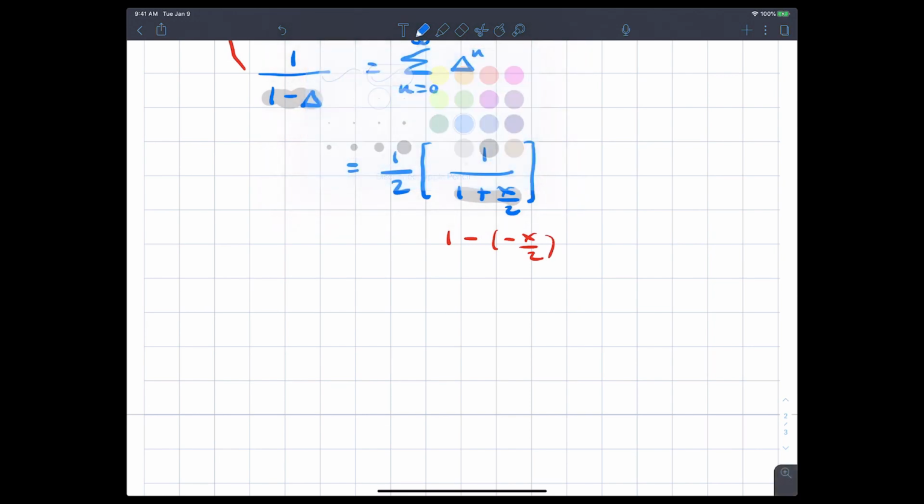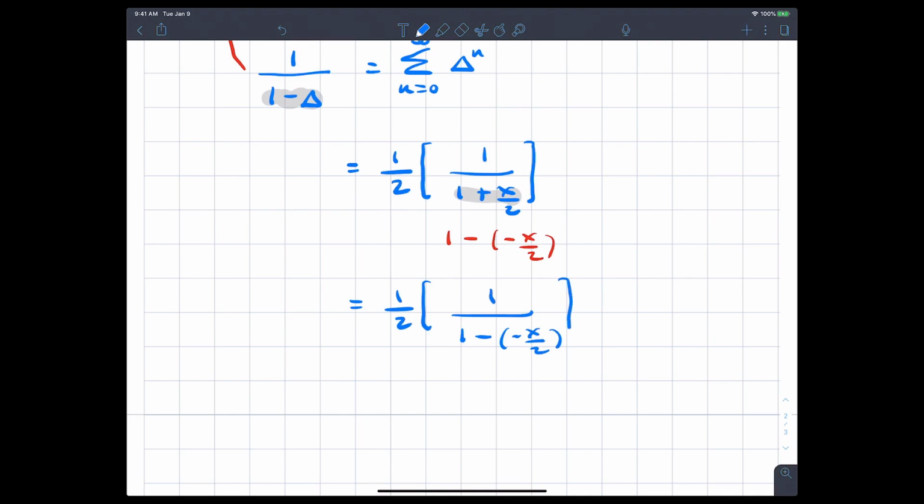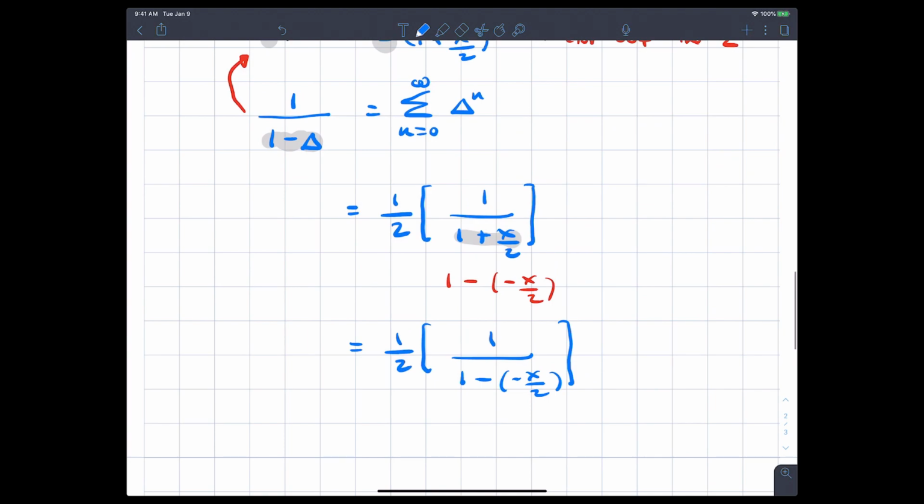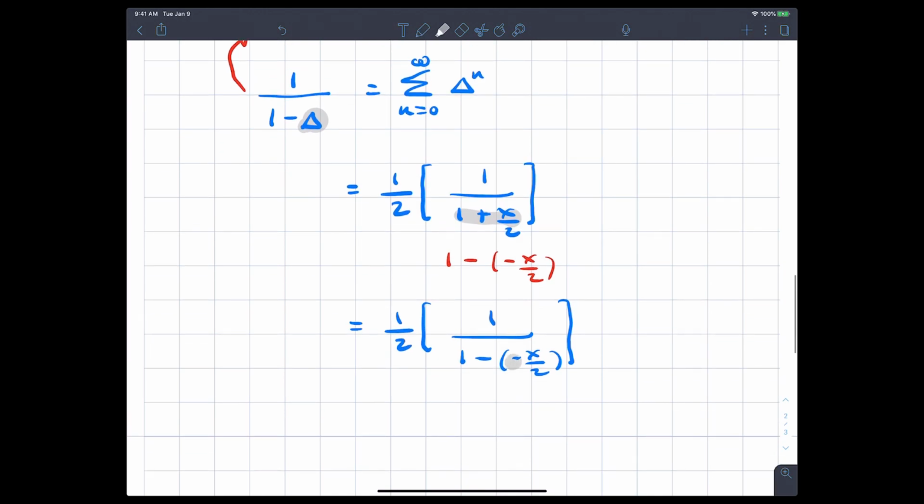So altogether, 1/2, 1 over 1 minus that minus x over 2. And now, if you take a closer look, we can see we're in this particular format, so that what's in the triangle here is that minus x over 2.